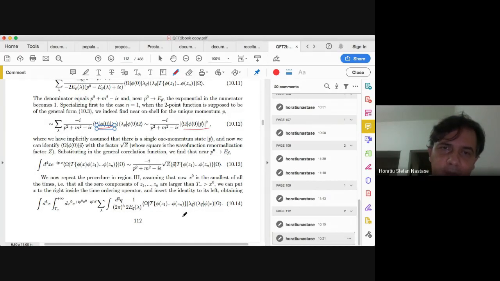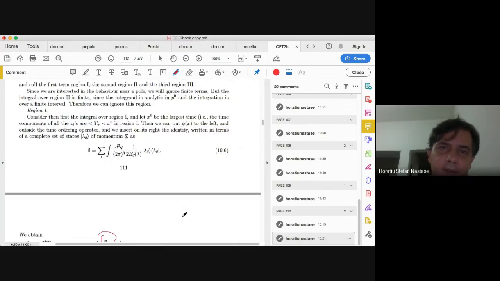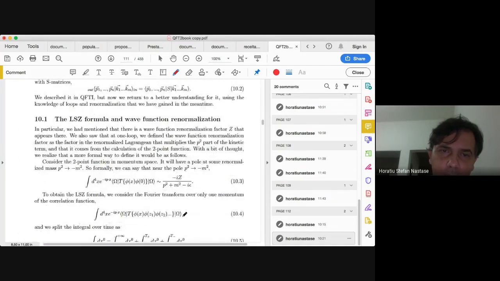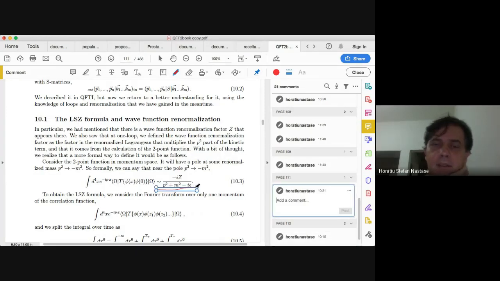But we've just defined initially what that was. We defined initially that this was supposed to be equal to this, right? The momentum, yeah, the 2-point function near the pole was supposed to be equal to this.